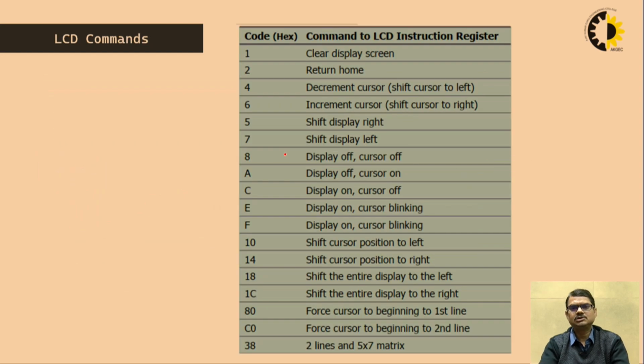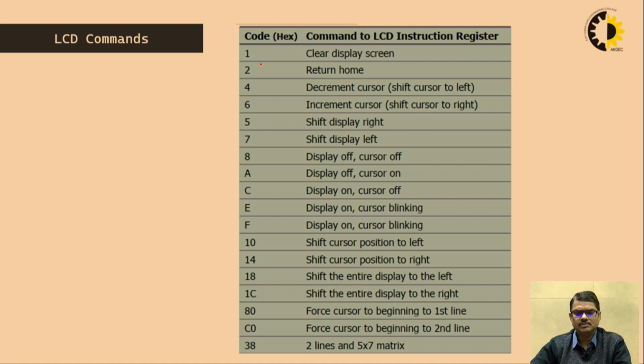Now let us talk about the commands which are available for alphanumeric LCD. Majorly these commands are used with 16x4, 20x4 or 16x2 displays. Here is the list of these commands. These commands are available in the hexadecimal number system, and you can easily find them in the data sheet of your LCD. If we are sending command 01H, then we mean to clear the display screen.